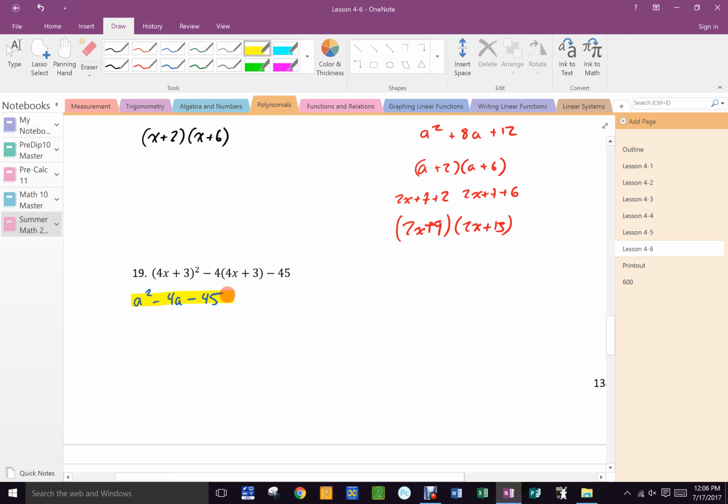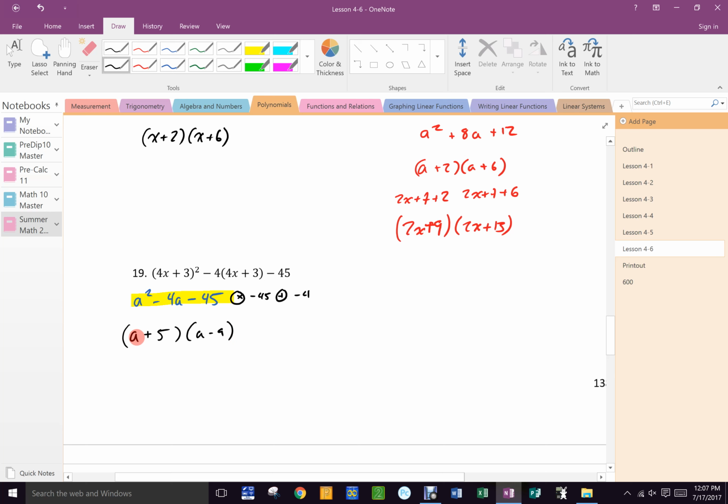Yeah. What is it? It's got to multiply to negative 45 and add to negative 4. So what is it? A plus 9 or plus 5? Plus 9? 9 minus 5 is 4, so plus 5 and a minus 9.